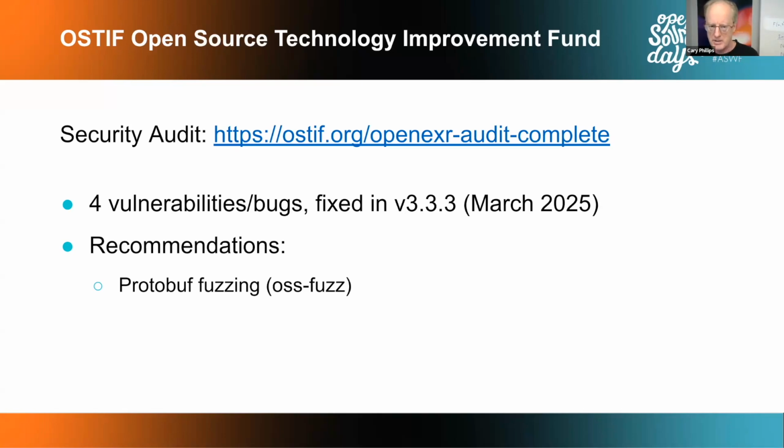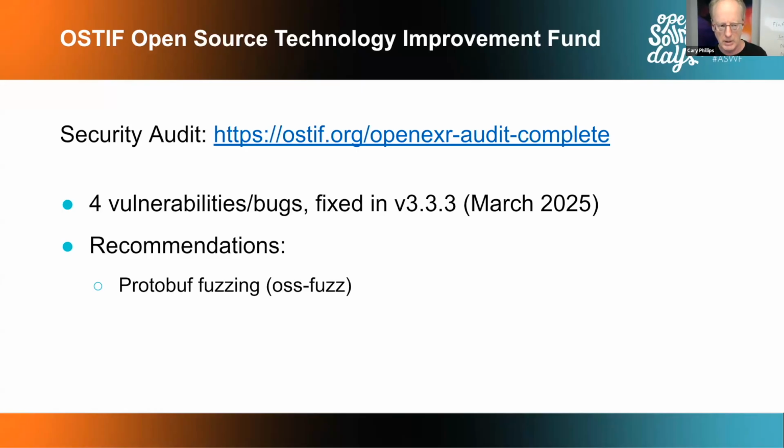We released the fixes back in March in the 3.3.3 release, and this report has just been published last week, I think. You can read it, and it describes what the vulnerabilities were.